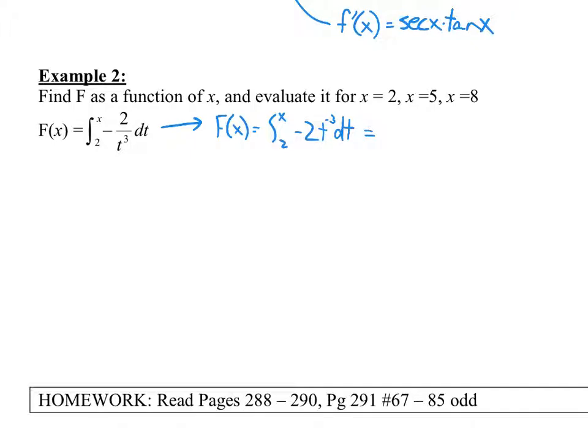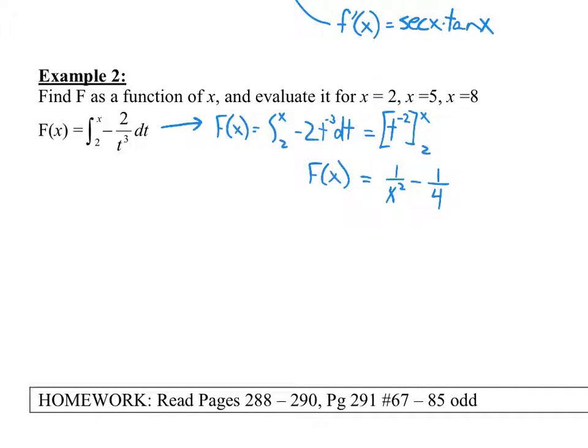Those negative 2's cancel out. So we have just t to the negative 2 power evaluated from 2 to x. So that's going to be 1 over x squared minus 1 over 2 squared. That is capital F of x.